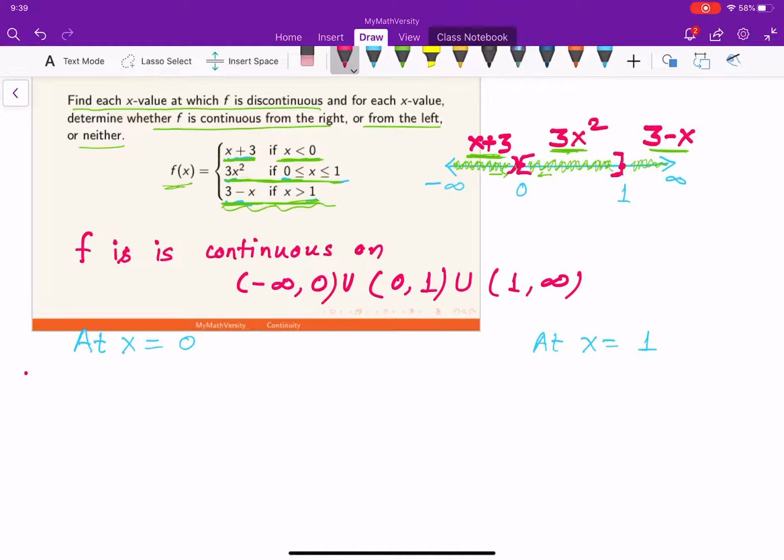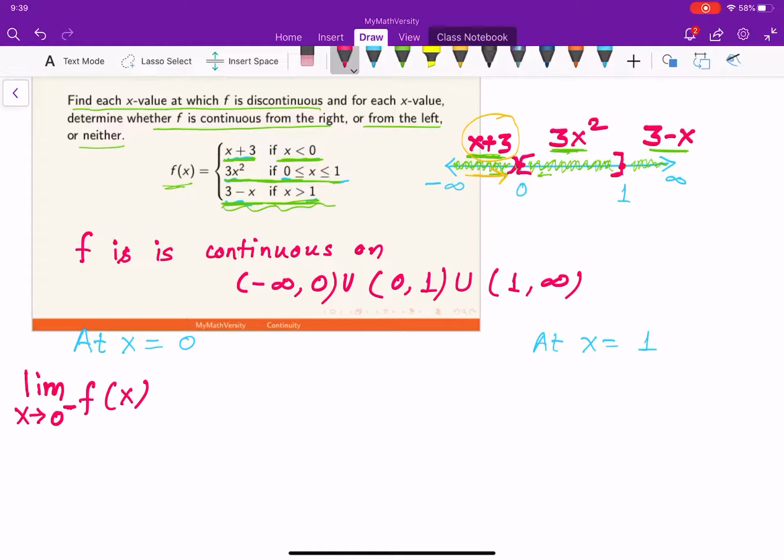But to do that, let me first find the limit of the function at 0 from the left side. That means I need to go closer and closer to 0 from the left side. When I do, the rule on the left side is defined by x plus 3.